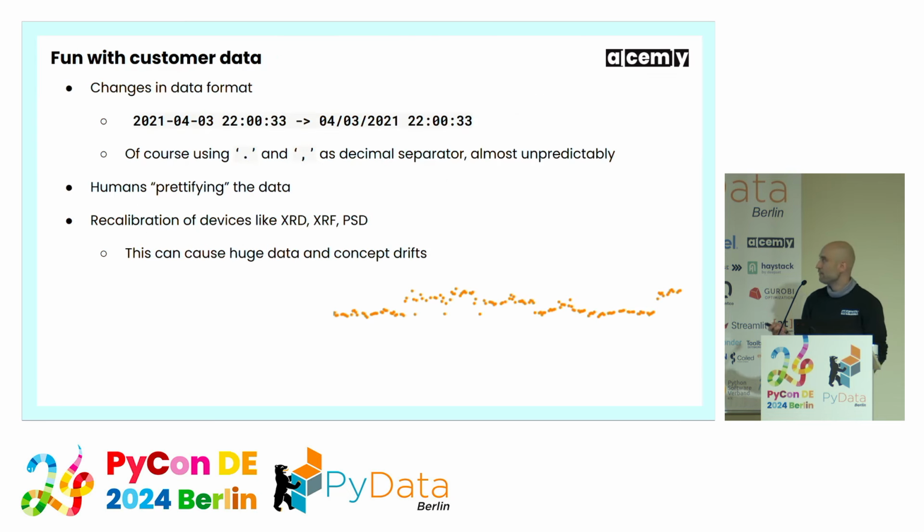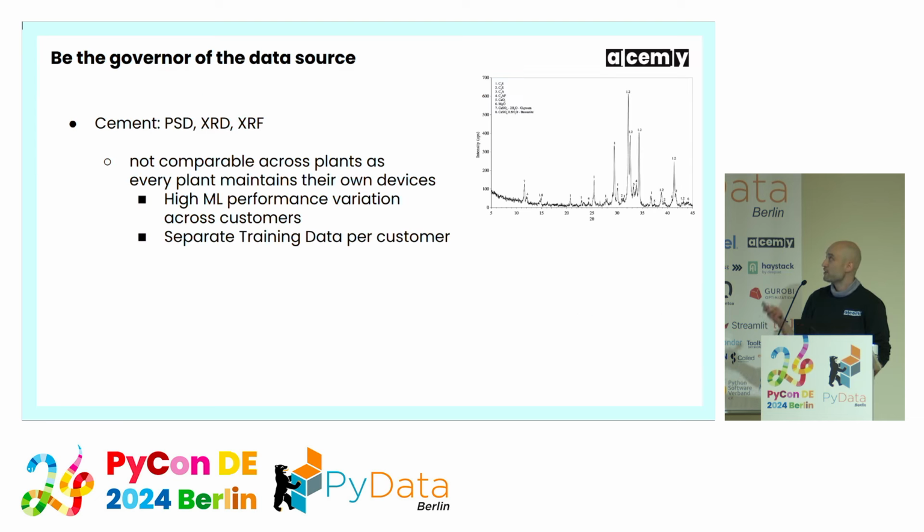And if I can give you one tip for starting a machine learning company, try really to be the governor of your own data, and don't do what we do, swallowing data from your customers. In cement, these devices, PSD, XRD, XRF, belong to our customers. They send us the data, and they also maintain their own devices and their own calibrations.